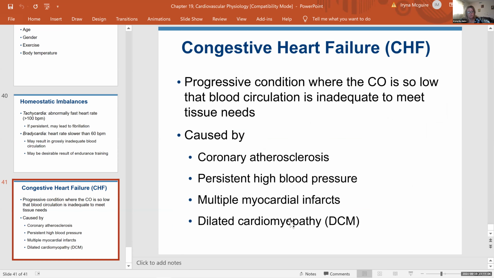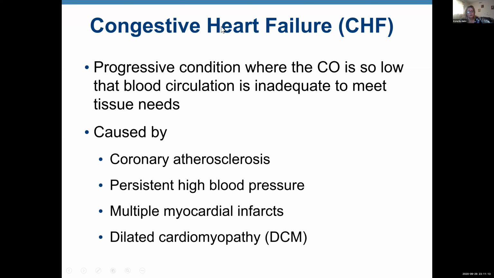And the last slide covers congestive heart failure. This is a progressive condition where cardiac output is so low that blood circulation is inadequate to meet tissue needs. So very low cardiac output, not enough blood flow to tissues and organs, not enough oxygen, right?